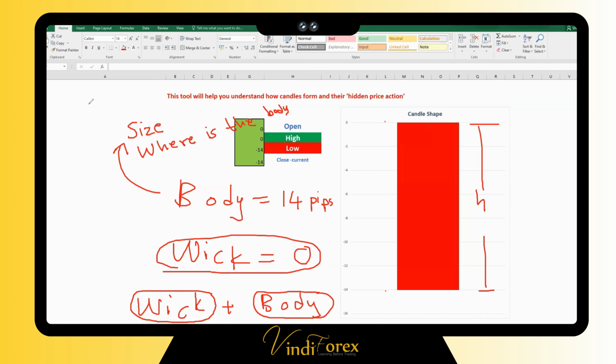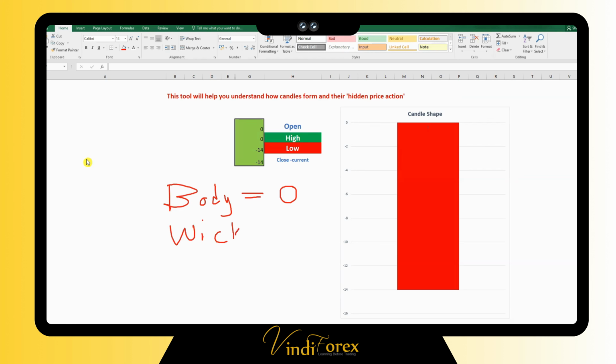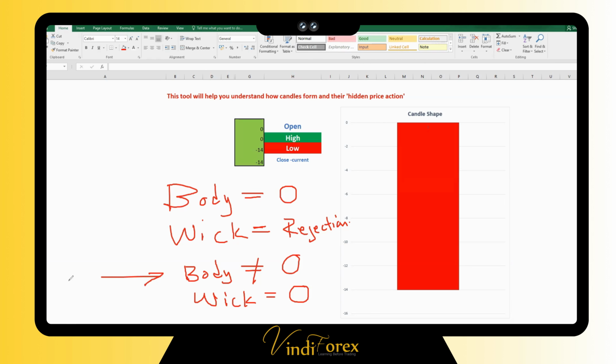If the body is 0, now I'm using a conditional statement, the body is 0 and we have a wick, that will be a straight rejection and also a strong signal. Even if the body is not 0, but the wick is 0, that will be a strong signal.